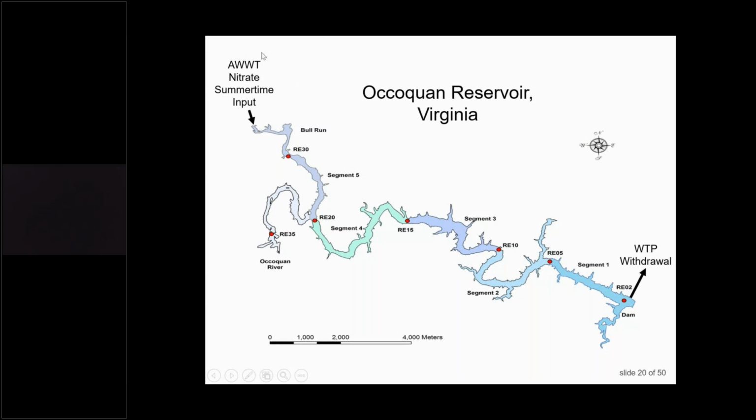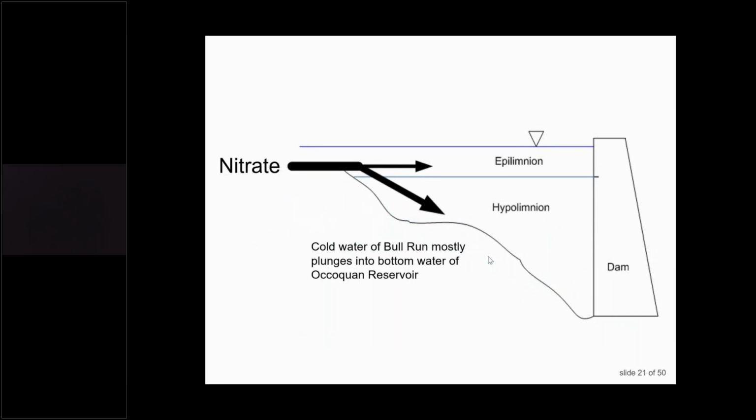What's interesting is in the summertime, they save money in the plant by not denitrifying and adding nitrate-rich water to Bull Run, which then comes down into the reservoir and moves through the reservoir with time and actually poises the redox down in the bottom waters.